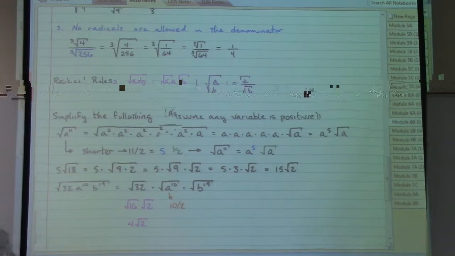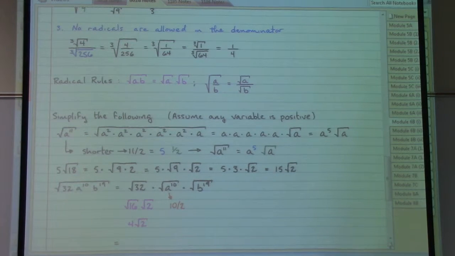And this has a nice answer. It has a 5. And what that would mean for us is that we are going to have an A with a power of 5. So this completely unlocks. There is no leftover square root business that appears from that part.